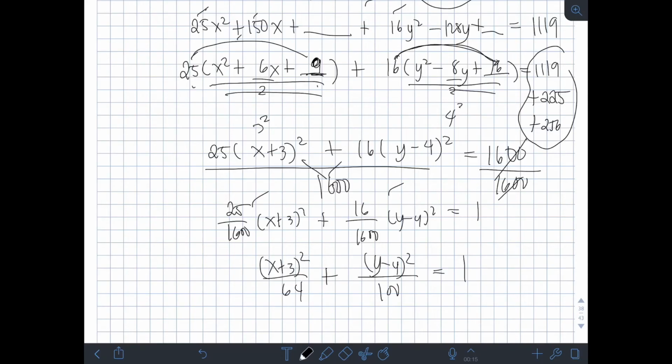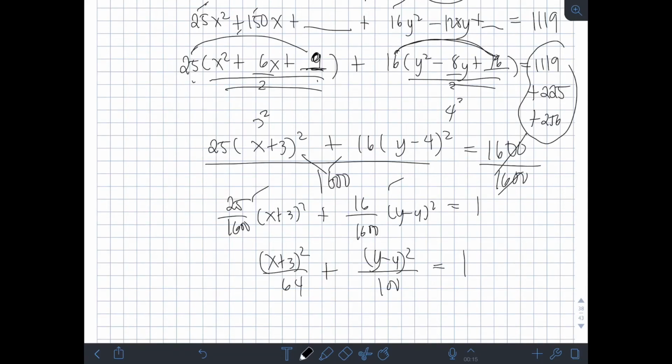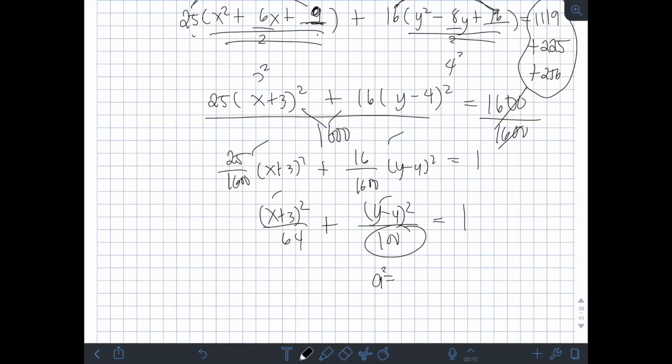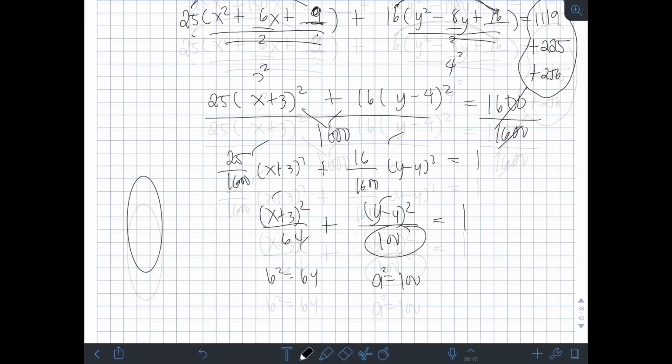So therefore standard form na siya. So, check natin anong mas malaki, yung denominator ba ng y or x? Si y, right? So therefore siya si a. A squared is 100 and ito na si b, automatic 64. B squared is 64. So, ang itsura natin is mas malapad yung graph niya vertically. Kasi si y yung may mas malaking denominator, right?